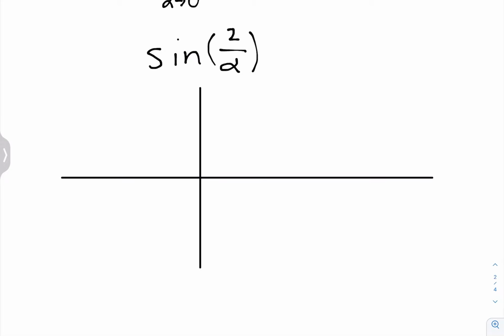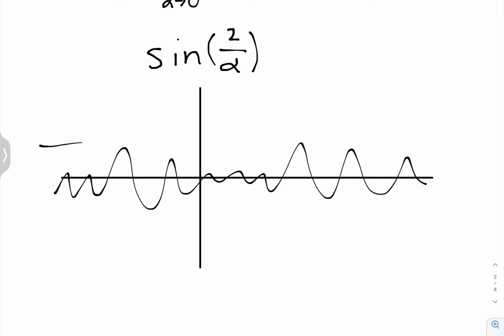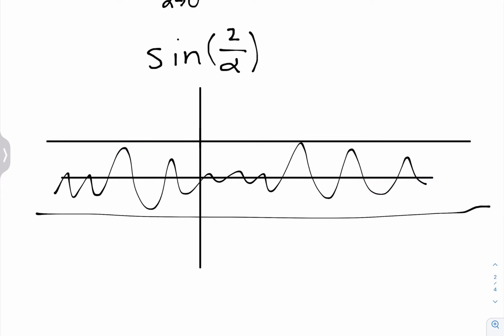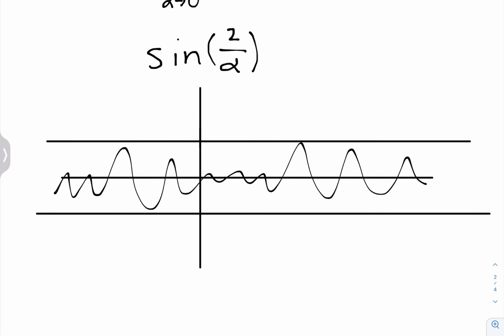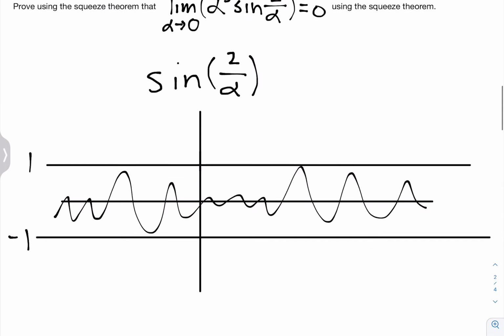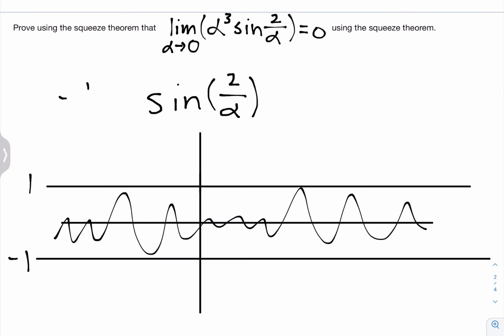Alpha's our variable, but no matter what this function looks like, it could look like this and then go up and do all this weird stuff, we know that for its entire path, it's always going to be between or equal to -1 and +1. Okay, so what we're going to write is -1 is less than or equal to sine of 2 over alpha, which is less than or equal to +1.